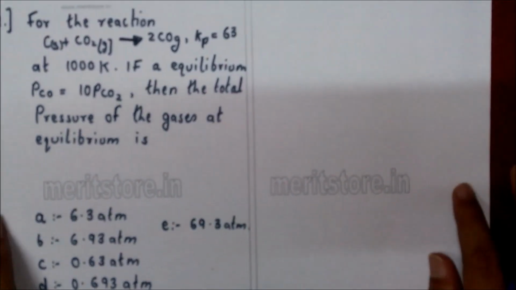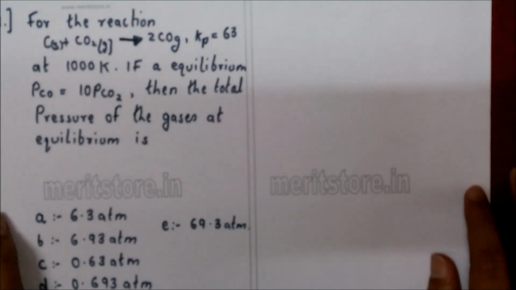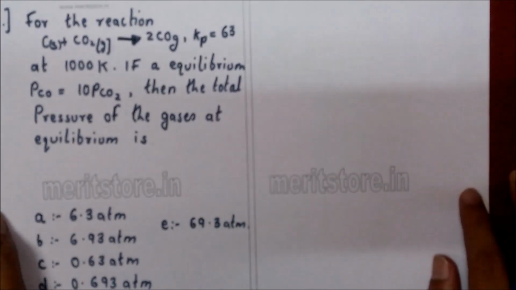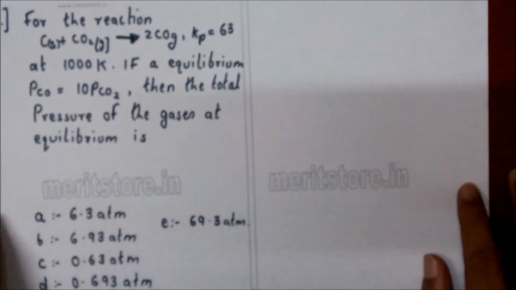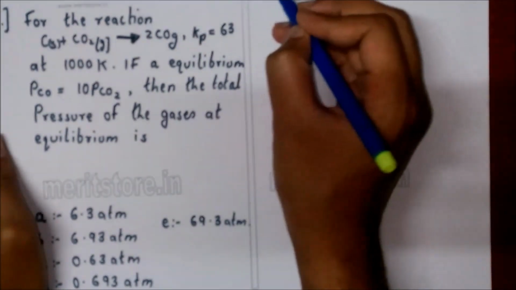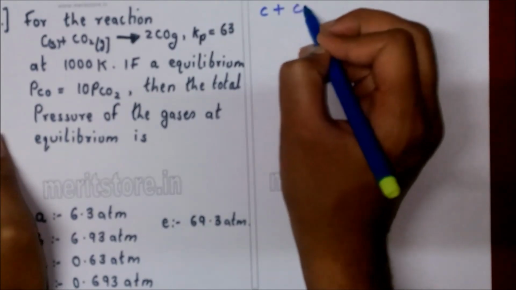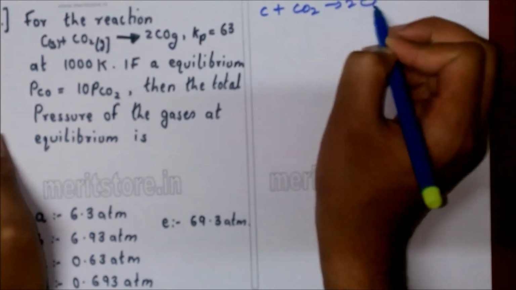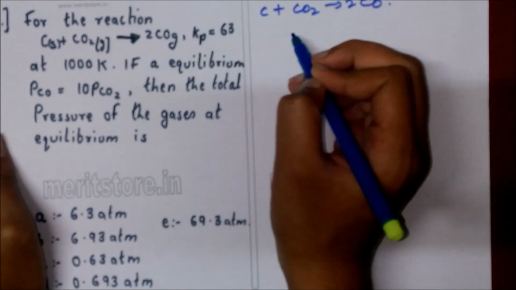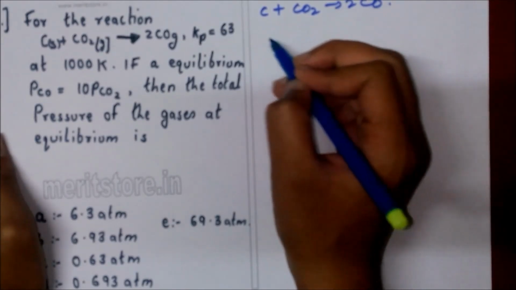For the reaction, C plus CO2 will give 2CO, Kp is 63 at 1000 Kelvin. If the equilibrium PCO is equal to 10 times of PCO2, then the total pressure of the gas at equilibrium is? The given reaction is C plus CO2 will give 2CO. Always apply law of mass action.